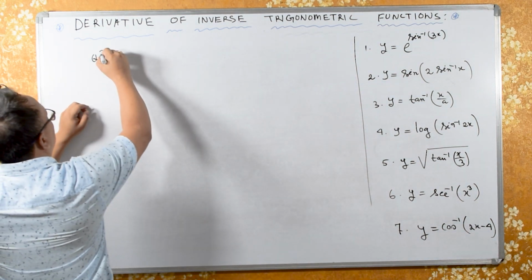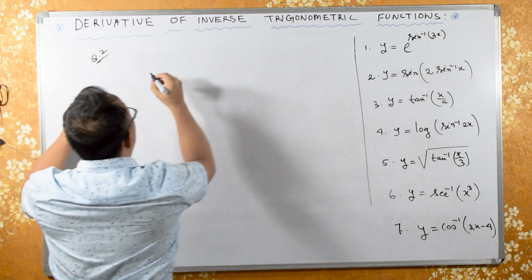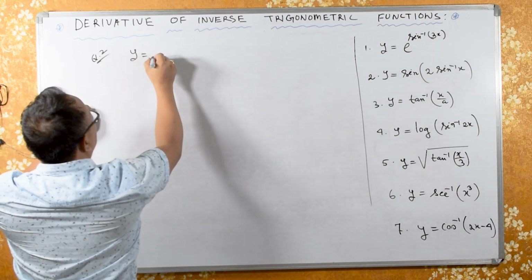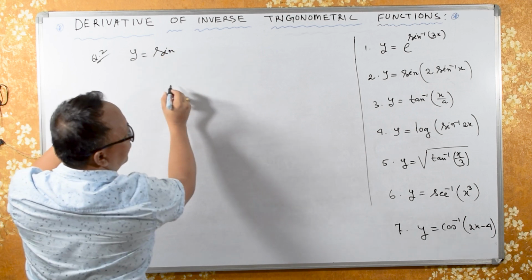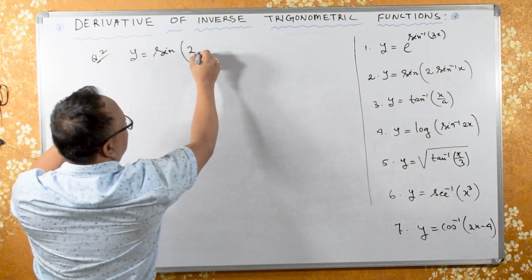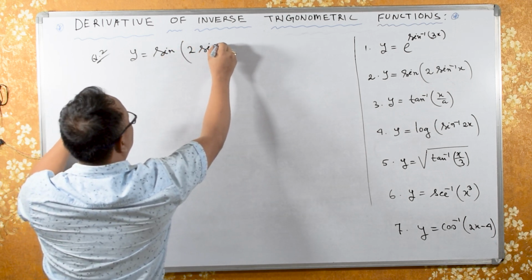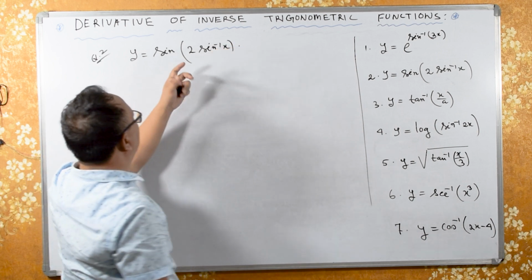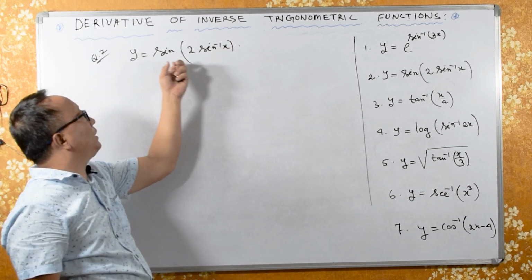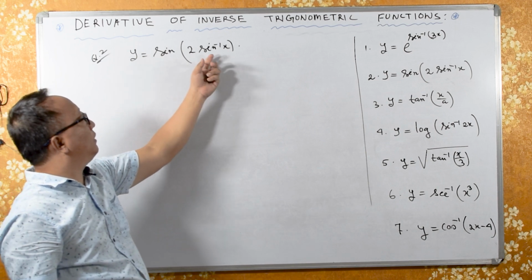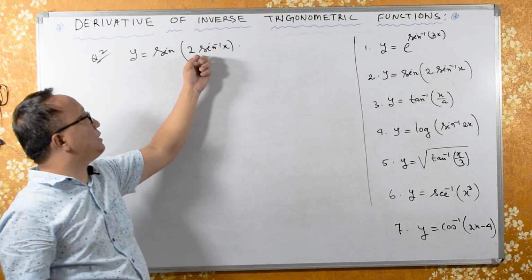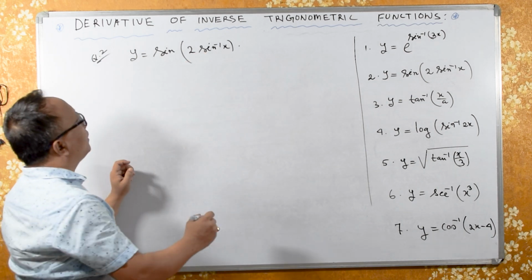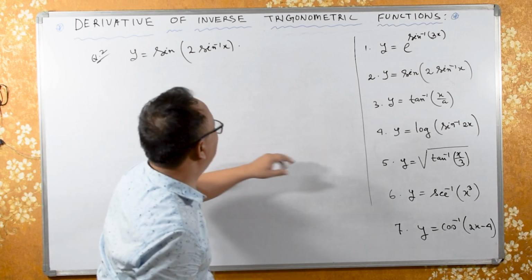Question number 2: y equals sine of 2 sine inverse x. This is the angle for the first sine, and this 2 is a constant. Remember, we will not substitute anything. We will solve directly.